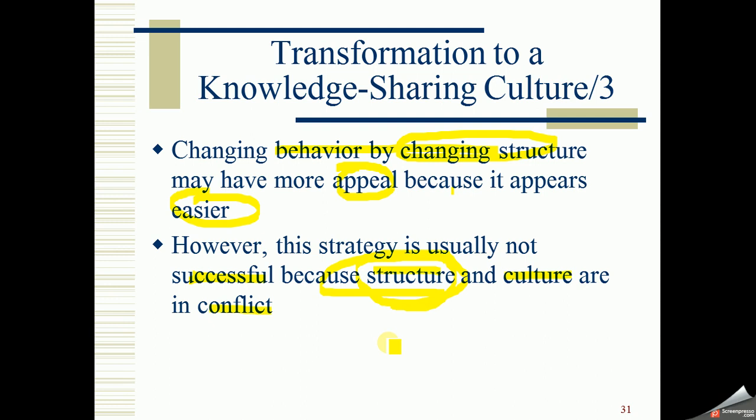The people are smart. The people will find ways to fool the system, right? So if you did not embed honesty in the people, okay, they will find a way to fool the structure or the rules in the organization, right?